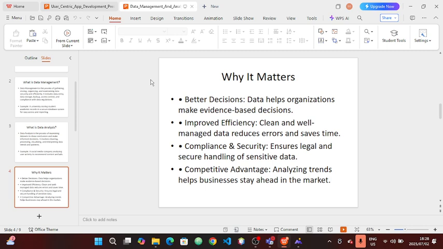Better decisions: data helps organizations make evidence-based decisions and improve efficiency. Clean and well-managed data reduces errors and saves time. Compliance and security ensure legal and secure handling of sensitive data. Competitive advantage: analyzing trends helps businesses stay ahead in the market.